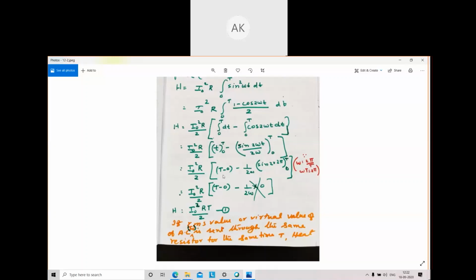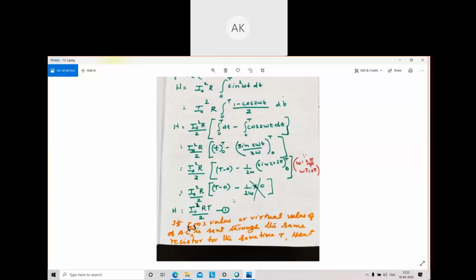So we need not go for all these variations because current is not varying. These steps we are doing because it is AC current. Every instant it is changing. So we have to first find out the small heating effect produced for a small time dt, because only for a small time does that current remain the same. That is why we integrate and do all these steps to find out the heating energy.